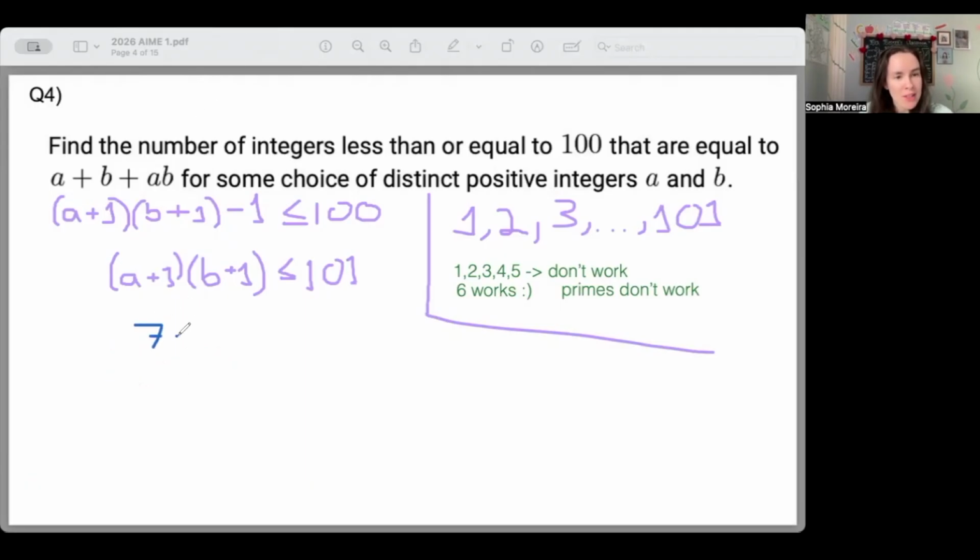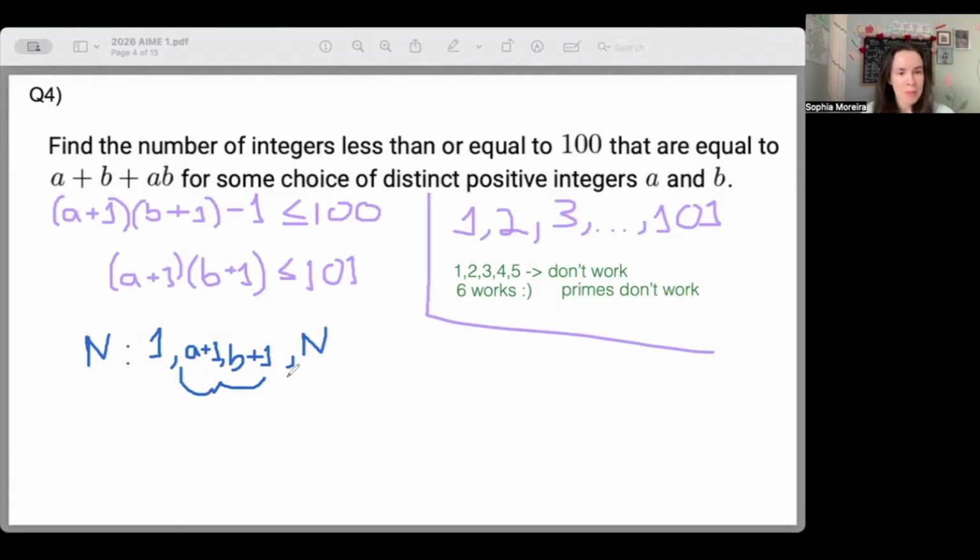Well, for the same reason that 7 times 1 doesn't work, for whatever number n we want to work, n has to have not only 1 and itself, but we actually need two more distinct factors in between, a plus 1 and b plus 1. If a plus 1 equals b plus 1, then we are not able to have a and b be distinct.